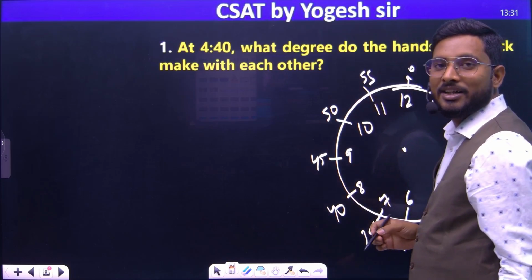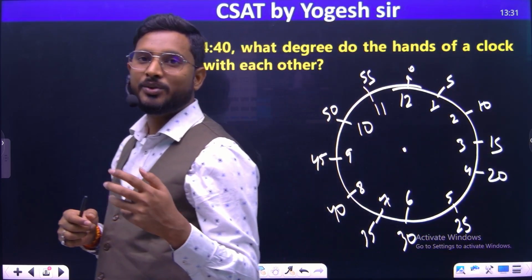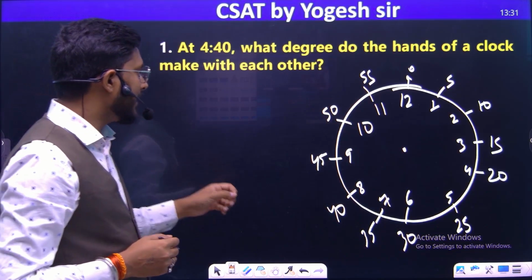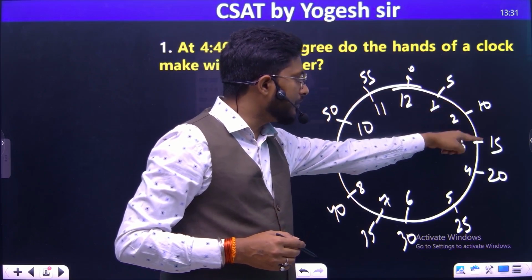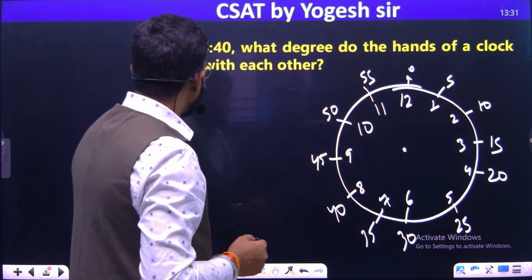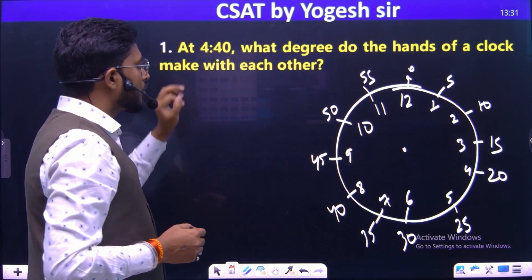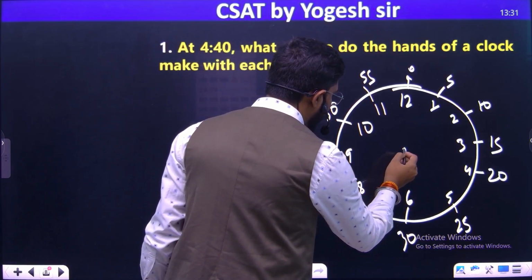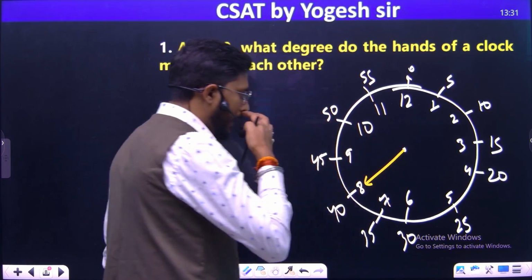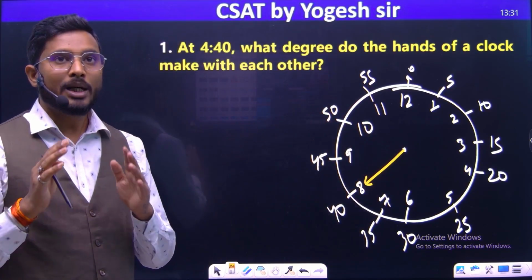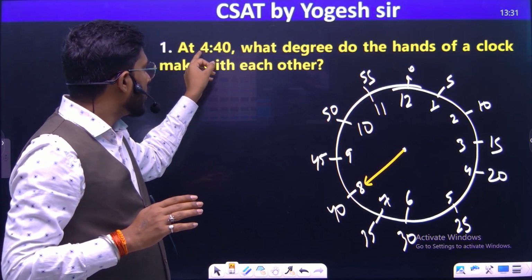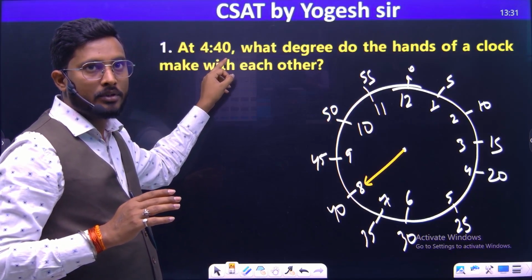Okay, when you say what is the time, you can count 5 minutes, 10, 15, 20. So now the time is 4:40. The position of the minute hand will be at 8, and the position of the hour hand will be between 4 and 5.